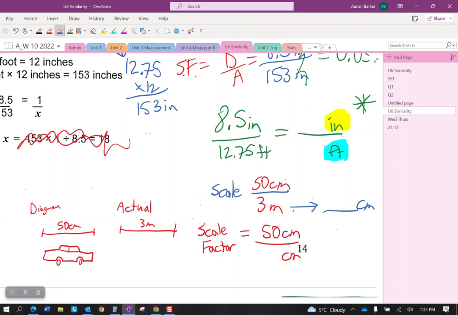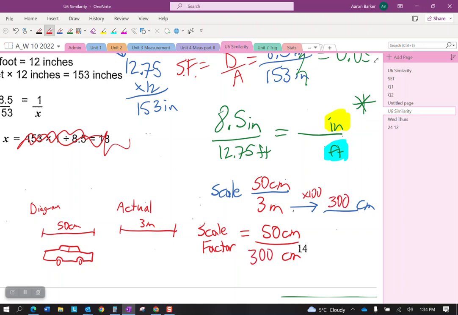I'll give you a hint. The width of my hand is 10. Does it look like there's 10 centimeters in here? Kind of looks like there's 10 groups of 10. How many centimeters do you think there are in a meter? 100. 10 centimeters is about the width of your hand. So you multiply by 100, and you get 300 centimeters.